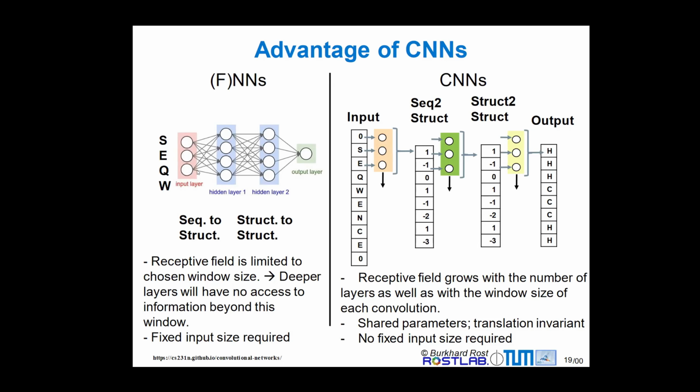While if you were using an input of size 10 here, this would get a lot more resource intensive. So you create a lot more free parameters because you have these all-against-all connections. So you really have much more free parameters if you wanted to capture a similar window size with an FNN.